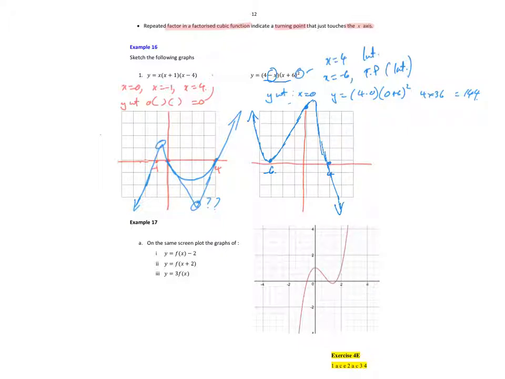All right. So let's think about our function notation. On the same graph, f of x minus 2. So the whole graph shifts down 2 units. So if that's 2 there, down 2 units there. So you could almost argue there's my new x-axis, which means that point there is here.